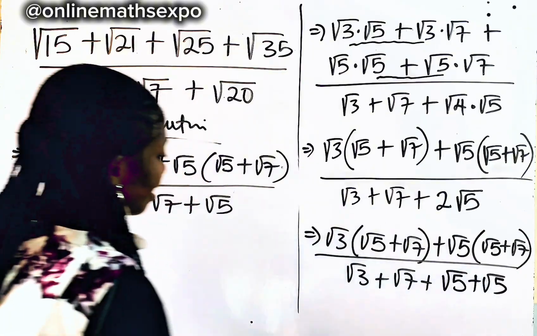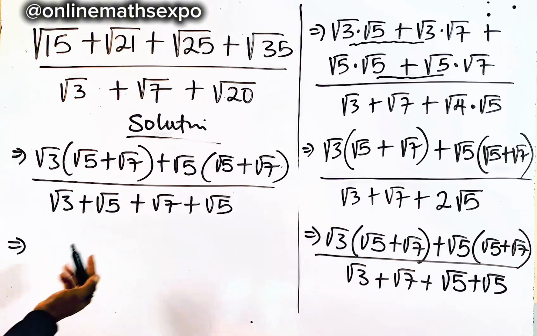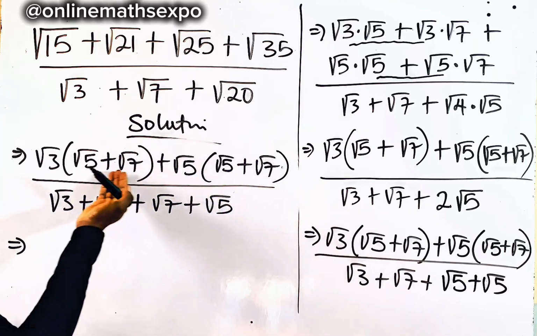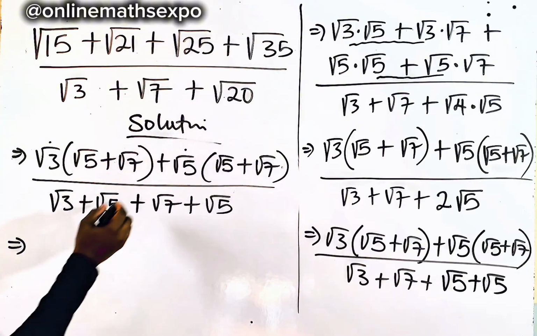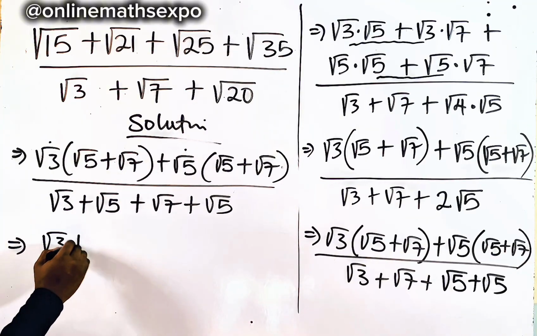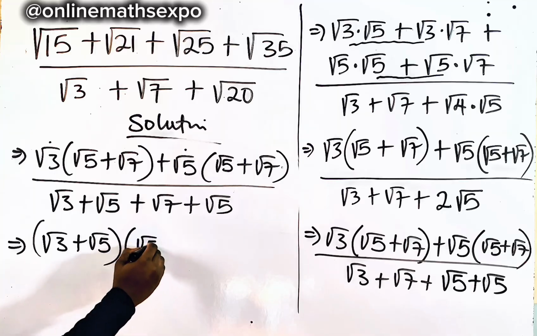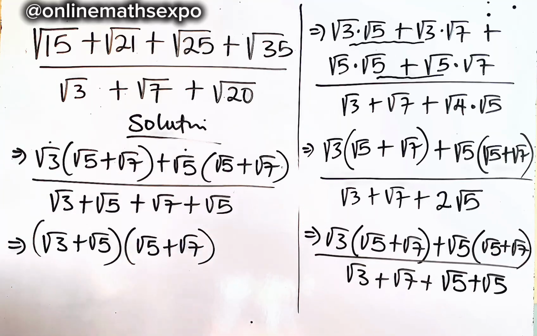This and this are the same. Now if you look at the numerator, you observe that these two in the brackets are the same. So we are going to pick this and this together. So we have root 3 add root 5. Then we now have root 5 add root 7. This and this are the same.